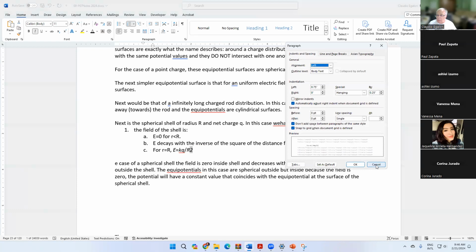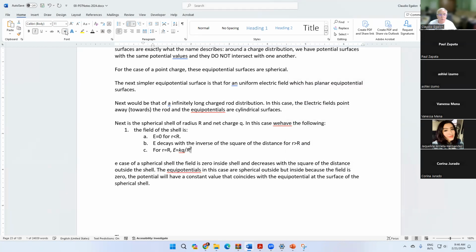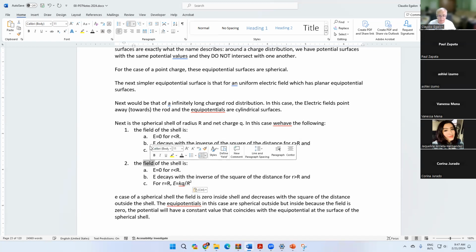And then we have something else. What about the potential of the shell? V decays with the inverse of the distance, okay? Because now it's the potential.